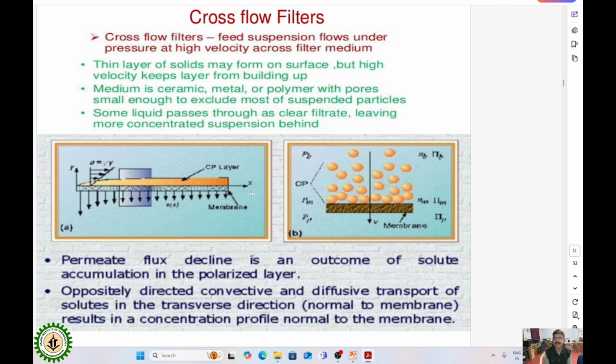So this is called the cross flow filter. In the picture, you will find that the direction of flow of the suspended solid is parallel to the surface of the membrane, and vertically on the other side, we get the clarified liquid. So this is called the cross flow filter.